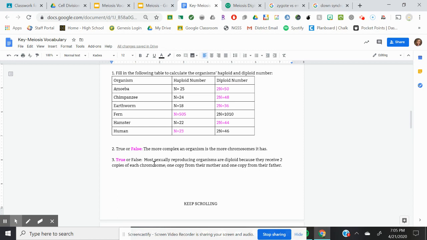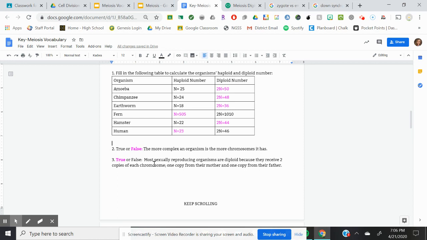Half of your collection of socks came from your mom, half came from your dad. So of that 1 pair of matching socks, you get 1 maternally, 1 paternally, 1 from your mom, 1 from your dad. Okay, so that's what diploid means.